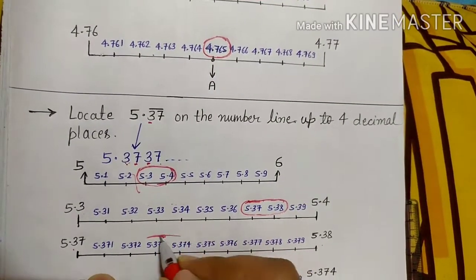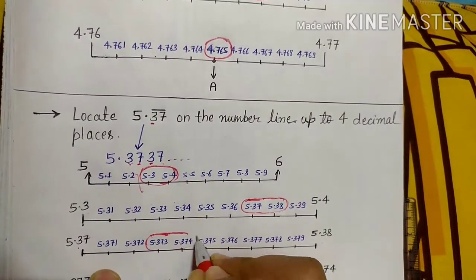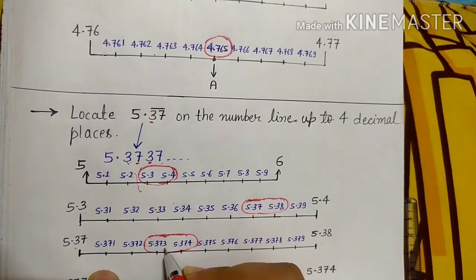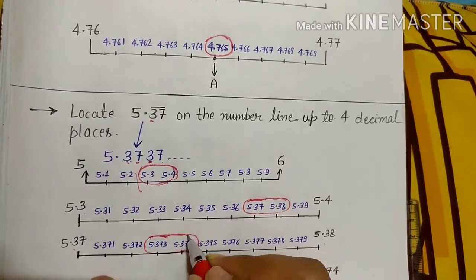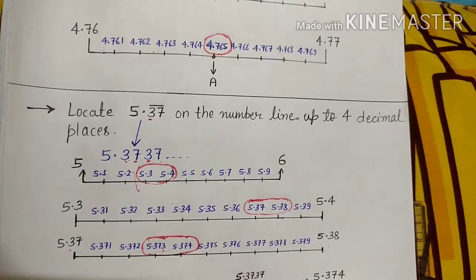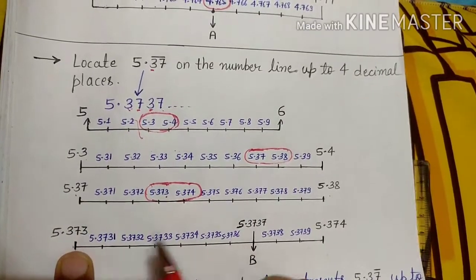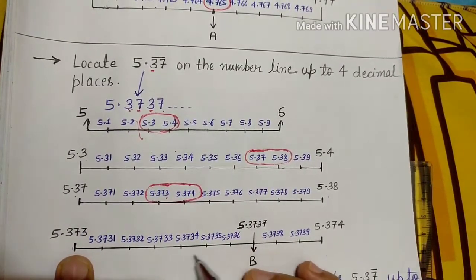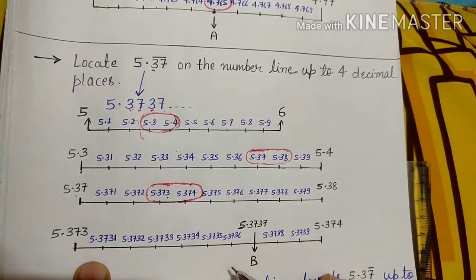Okay, as we have to find 4 decimal places, it is only 3 decimal places so far. So we have to find the gap between these two, 5.373 and 5.374. Again I have taken the help of a scale and divided it into 10 equal parts.